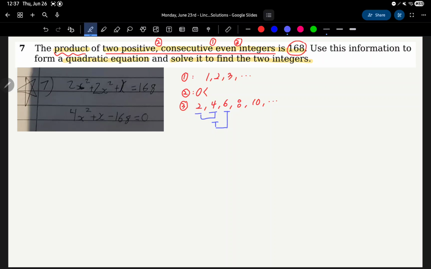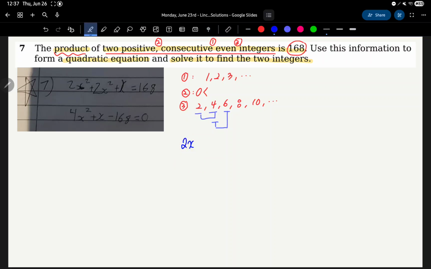So how do we express it in algebra? That's the key. In algebra, a very common expression to express even numbers is 2x. Why? How does that work? Well, if you think about it, anytime we multiply the number 2, it's going to be equal to an even number, right?